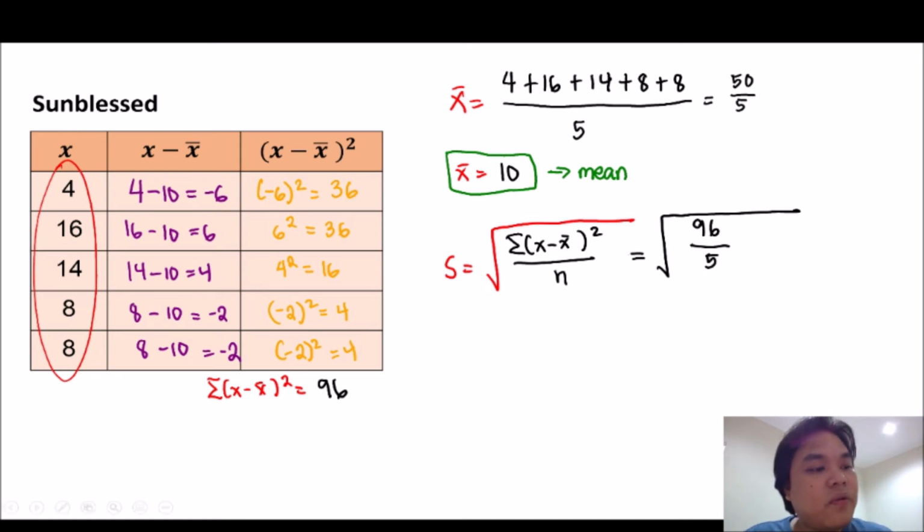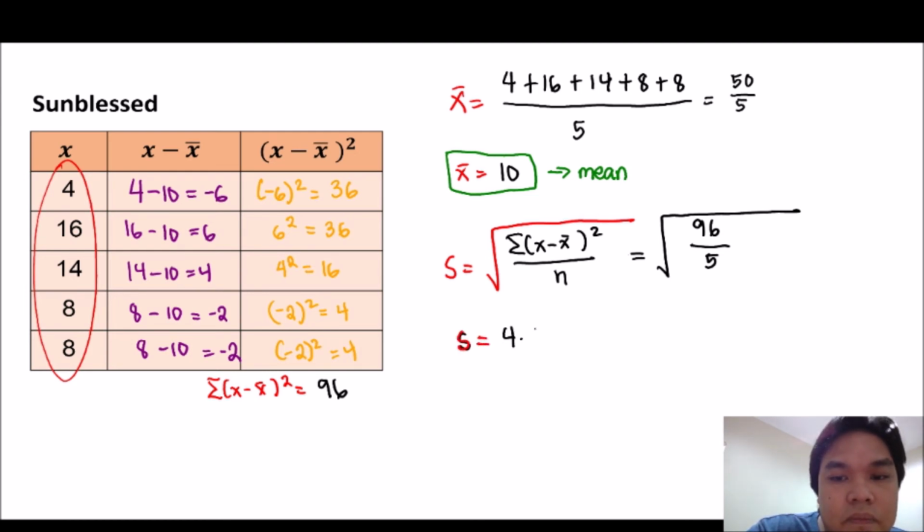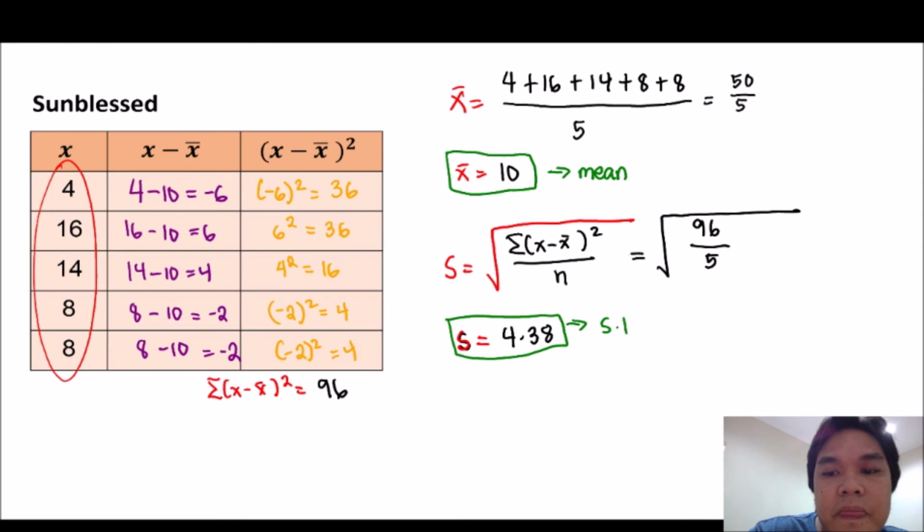Square root of 96 over 5 is 4.38. So your standard deviation is 4.38. Okay, so recap. For Sunblest oranges, the mean is 10, the standard deviation is 4.38.